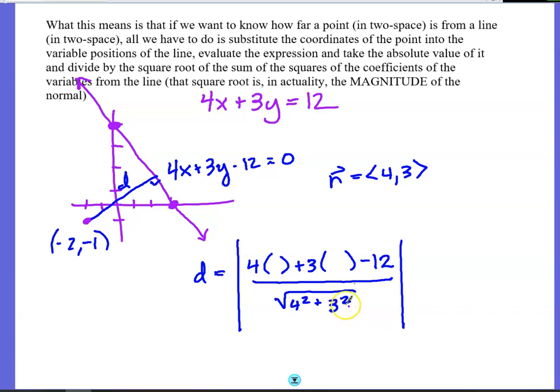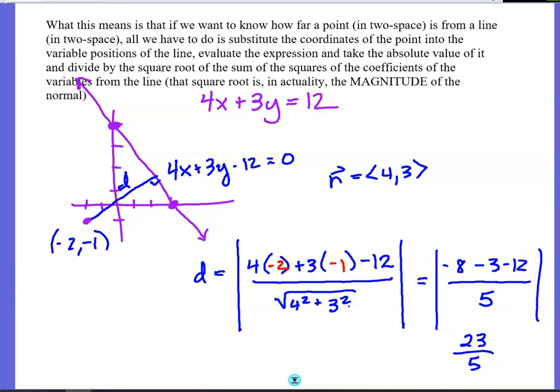And then our point. So we're plugging in our point, -2, -1. So our distance ends up being, let's see, we've got -8, -3, -12, all over 5. So I end up with, what do we got here? -23/5, which comes out to 23/5.